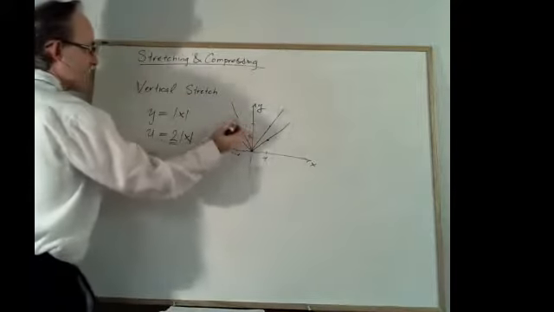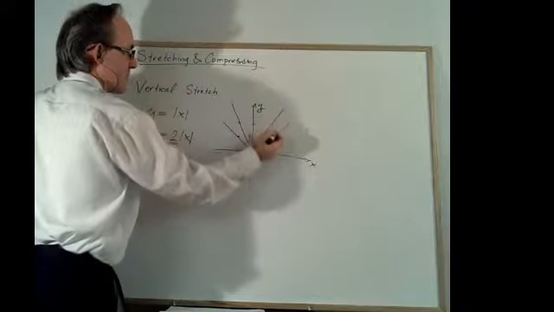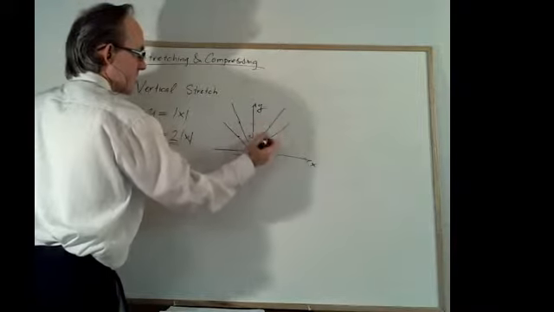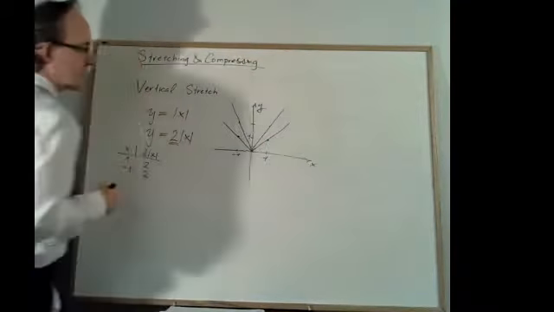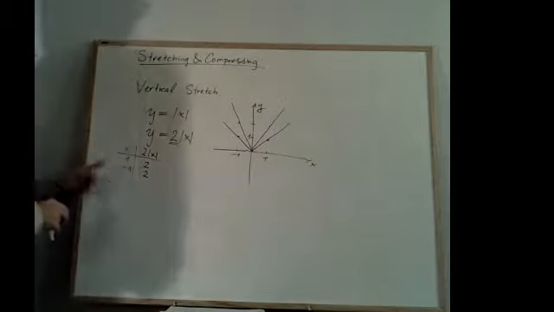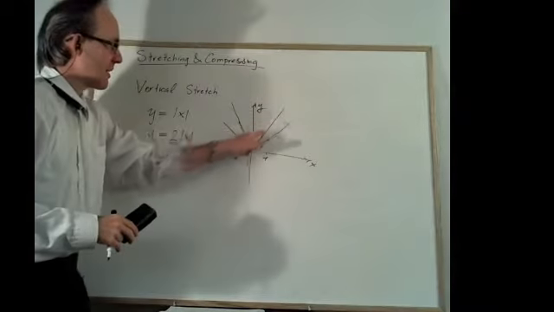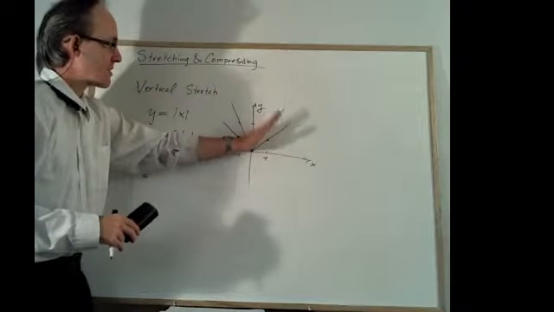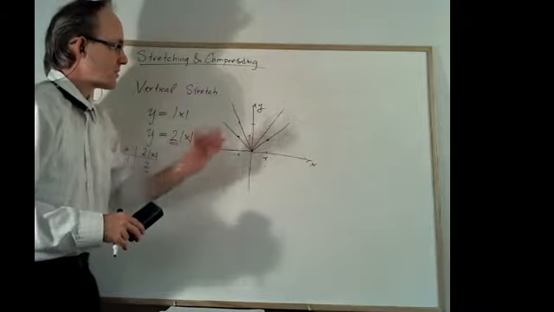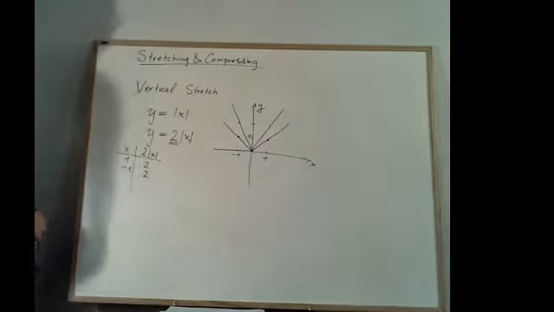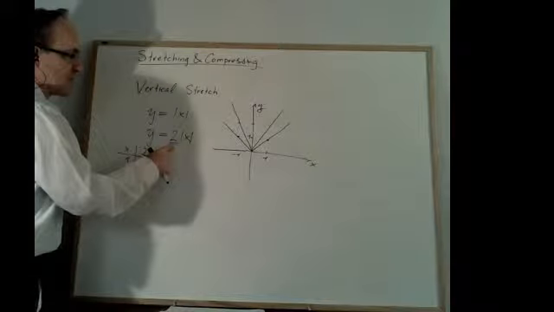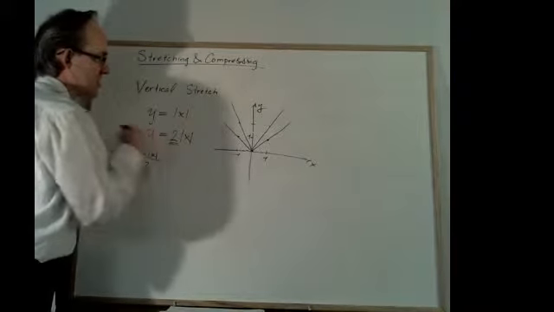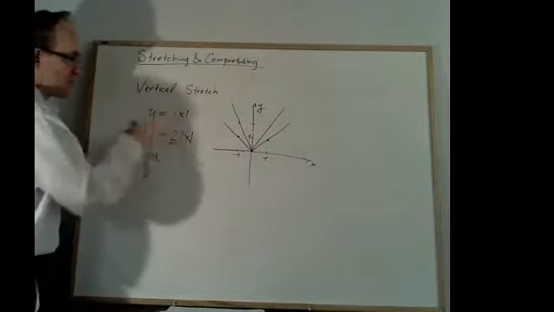And I can see that any other point will be the same as this point, but doubled. So the resulting graph will also be a straight line, but this straight line will have a slope which is twice as much as it was before, in absolute value.